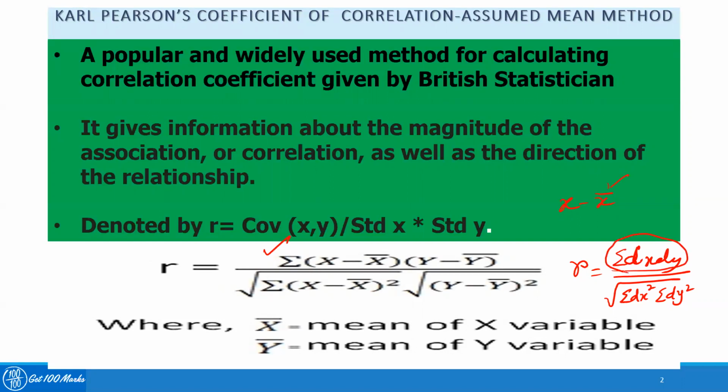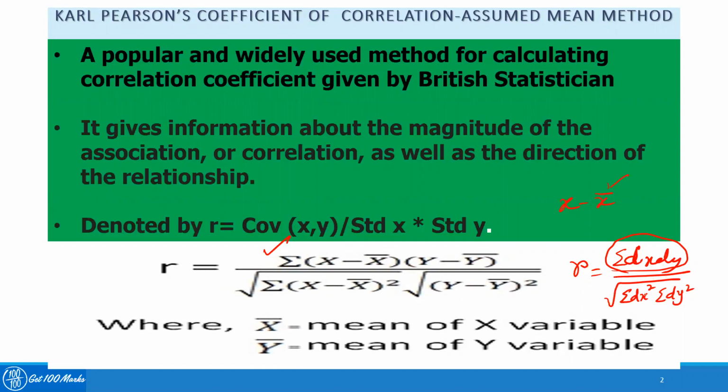That gives us the value of summation of x minus x bar into y minus y bar. To remember it in an easy way, we normally use r equals summation dx dy divided by square root of summation of dx square into summation of dy square, where each deviation x minus x bar is squared and then added.